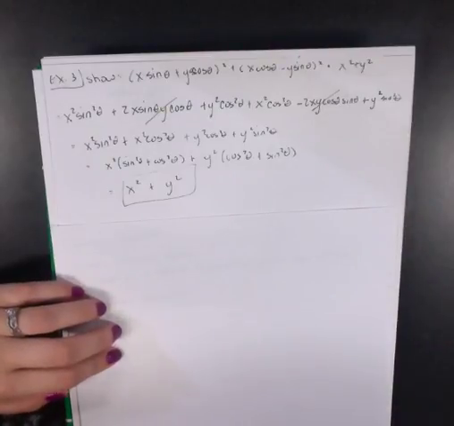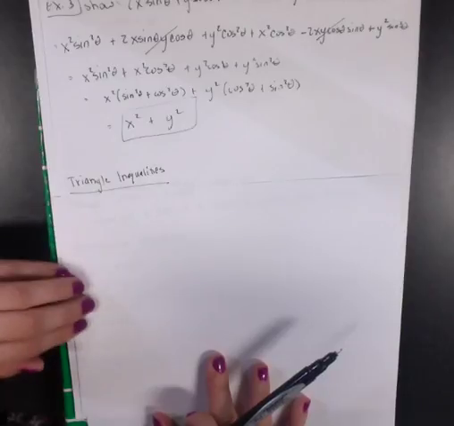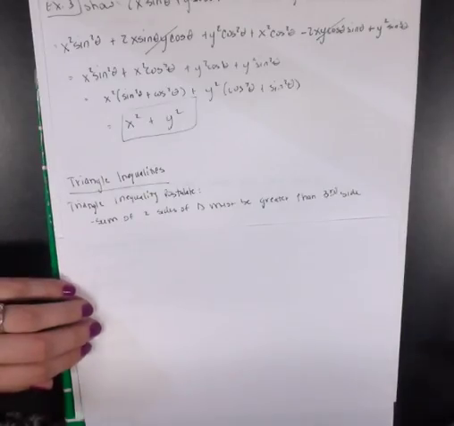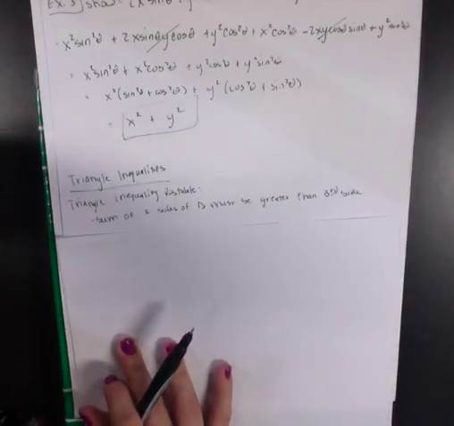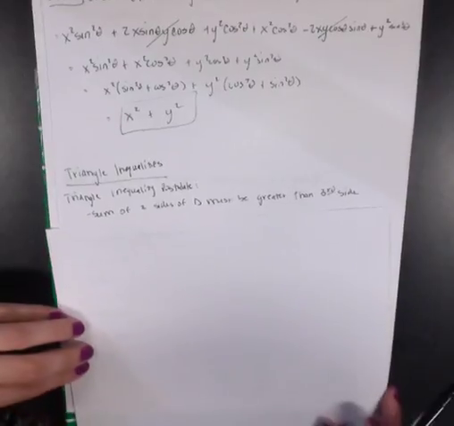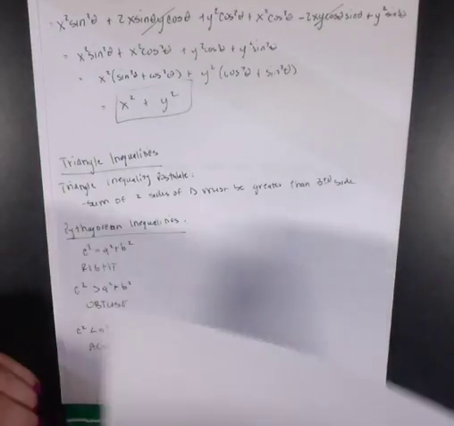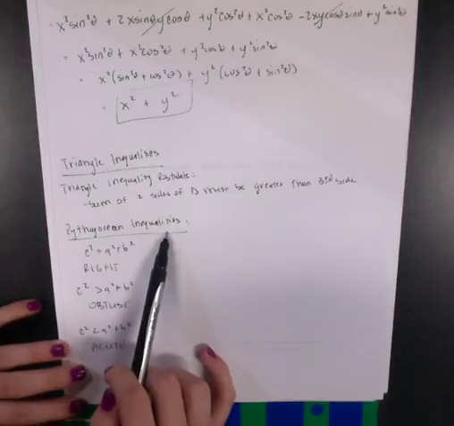All right, now let's talk about triangle inequalities. We have a triangle inequality postulate that says the sum of two sides of a triangle must be greater than the third side. Now our actual triangle inequalities look like this, our Pythagorean inequalities.